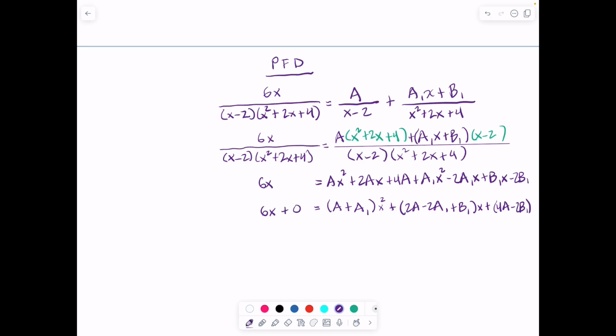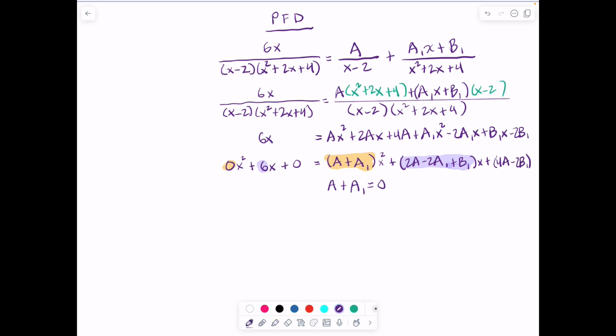Now, let's see. We have a 0 for our constant terms, and we have a 0x squared that we can add in. Then we'll be equating the 0 for the coefficient of the x squared to the A plus a sub 1 on the right-hand side. And so we'll have A plus a1 is 0. Next up, the coefficient of x on the left is 6, and on the right side it's 2A minus 2a1 plus b1.